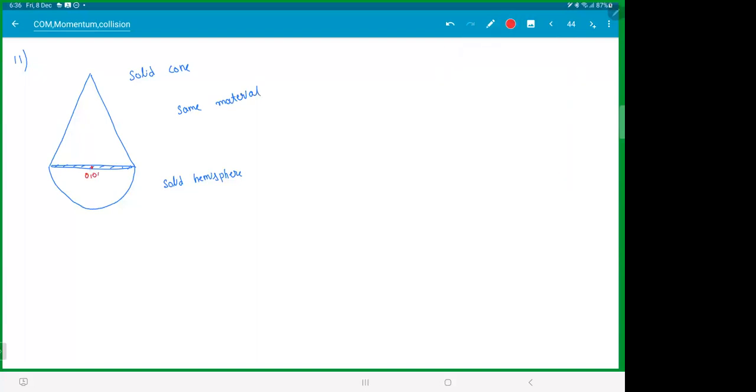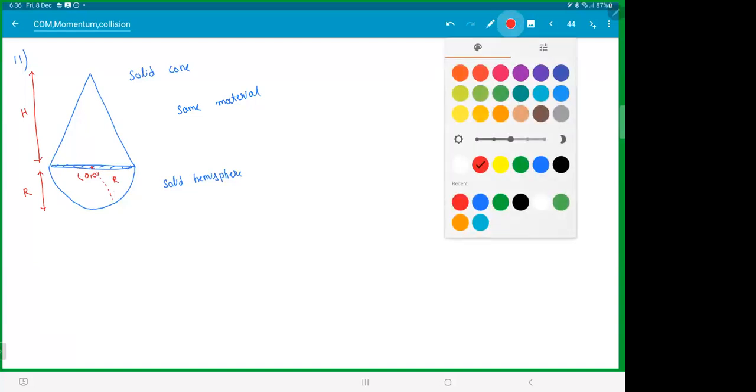This is your origin. This height is h. This radius is r. Find the center of mass.